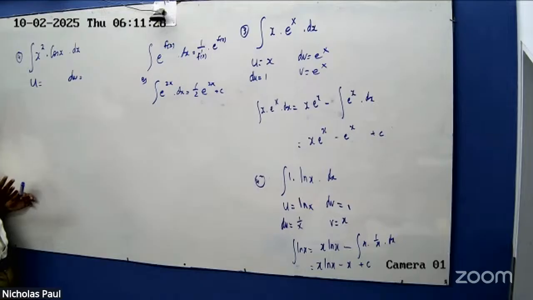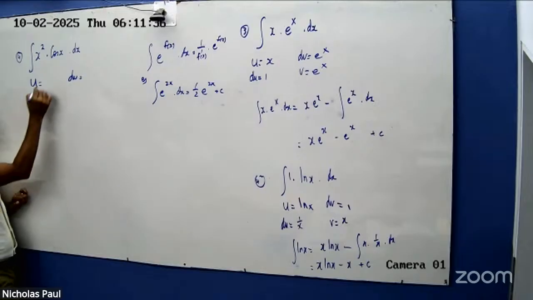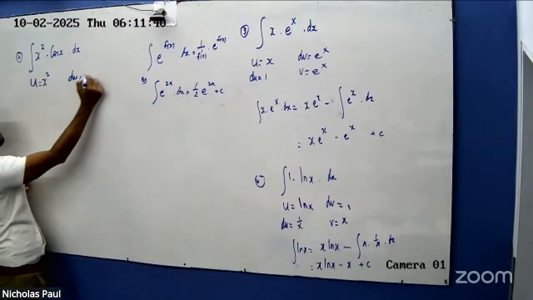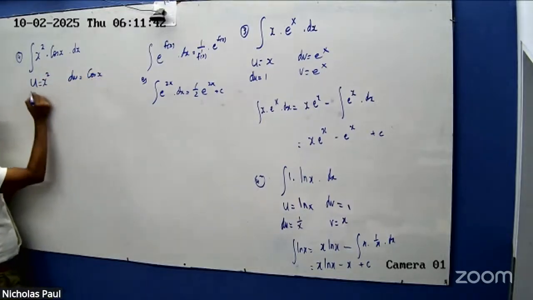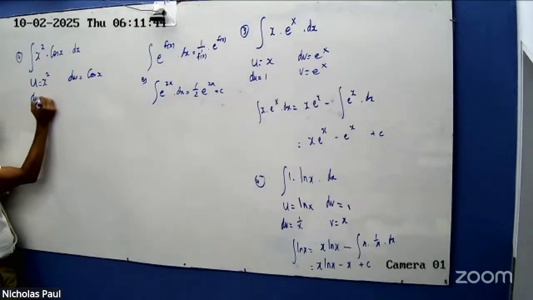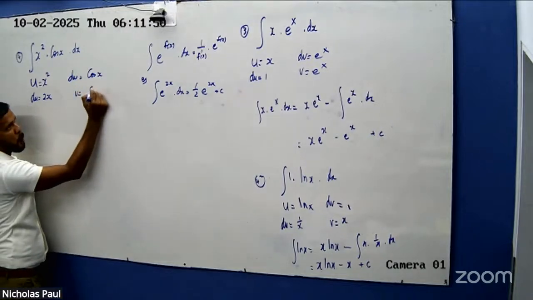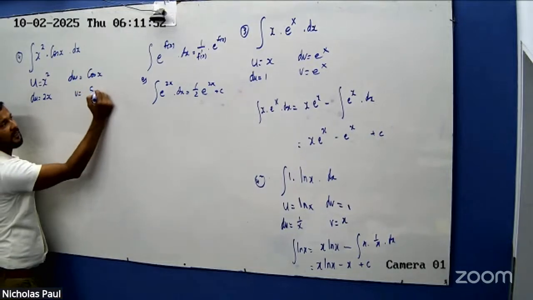What would you normally choose as your u? x squared, right? You'll normally choose the polynomial here and then put the trig function here. When you differentiate this, what do you get? 2x. When you integrate this, what do you get? Sine.